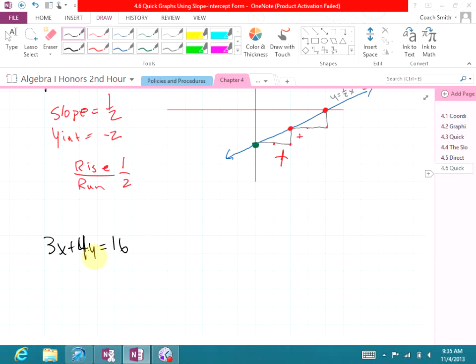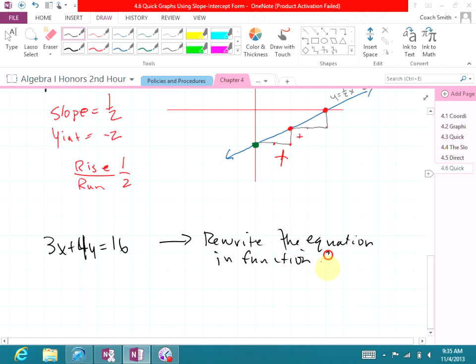Now, we have to solve that. We have to rewrite the equation in function form, also known as slope-intercept form.